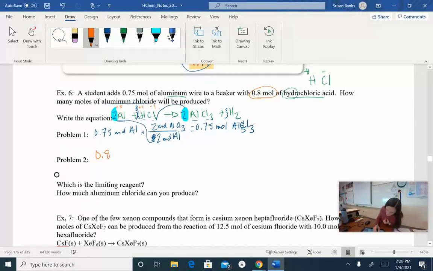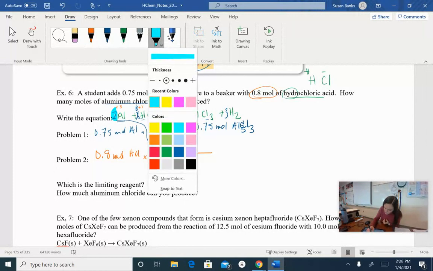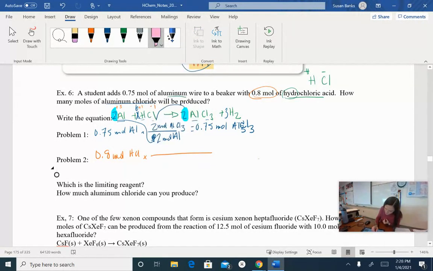So if I have 0.8 moles of hydrochloric acid, I'm going to grab that coefficient from the equation. So if I look at hydrochloric acid, I have a 6 here in relationship to this 2. Okay, so 6 moles of hydrochloric acid react to make me 2 moles of aluminum chloride.